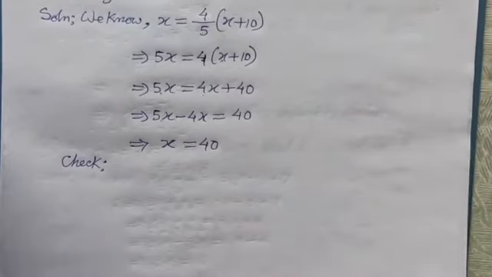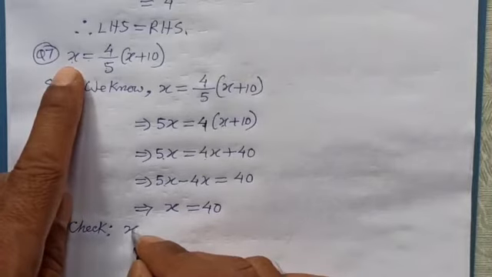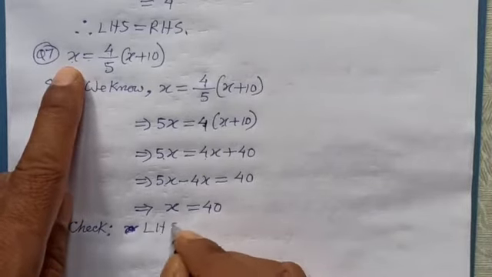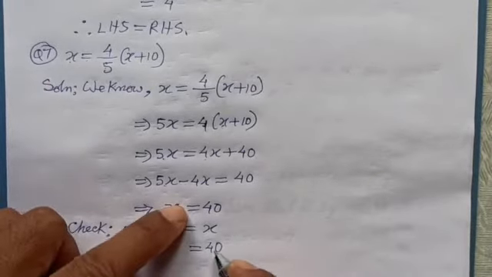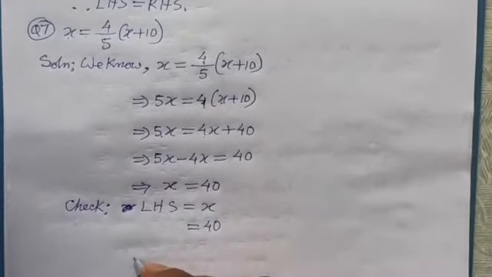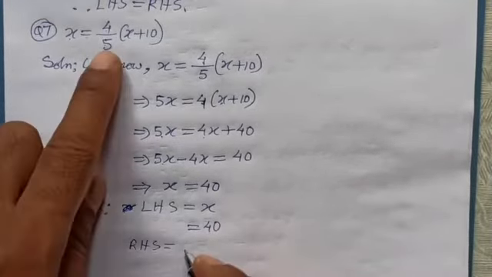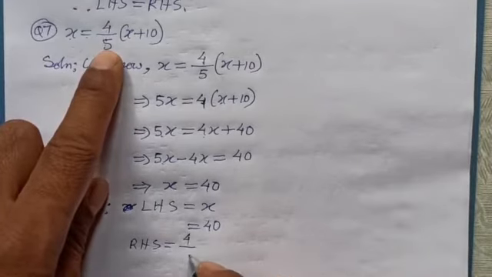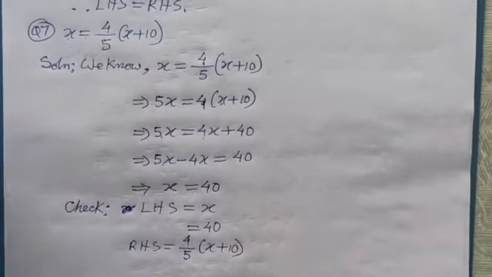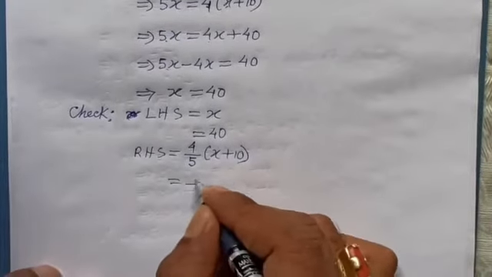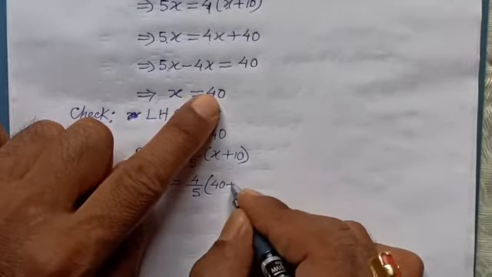Take left hand side. This is left hand side. Left hand side is equal to x. The x value is 40. Then take right hand side. Right hand side is 4 by 5 bracket x plus 10, is equal to 4 by 5, x is 40 plus 10.